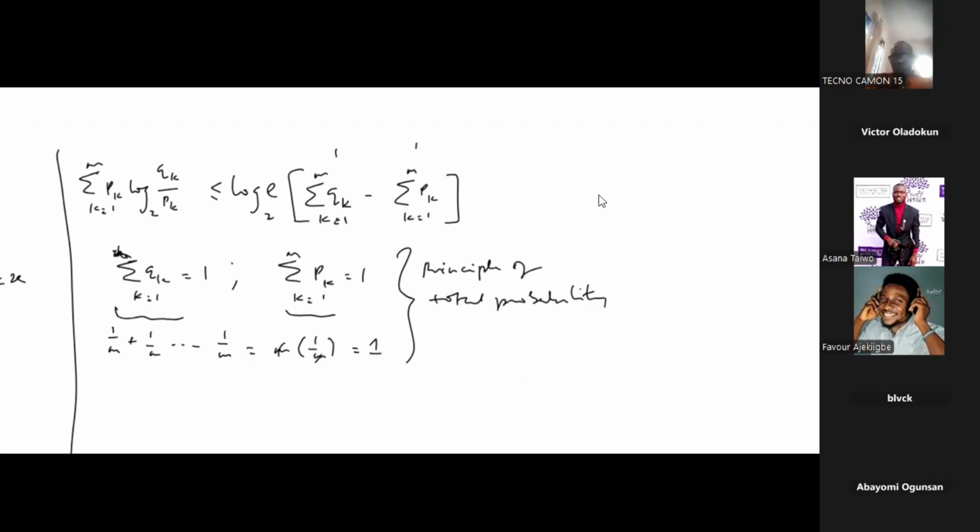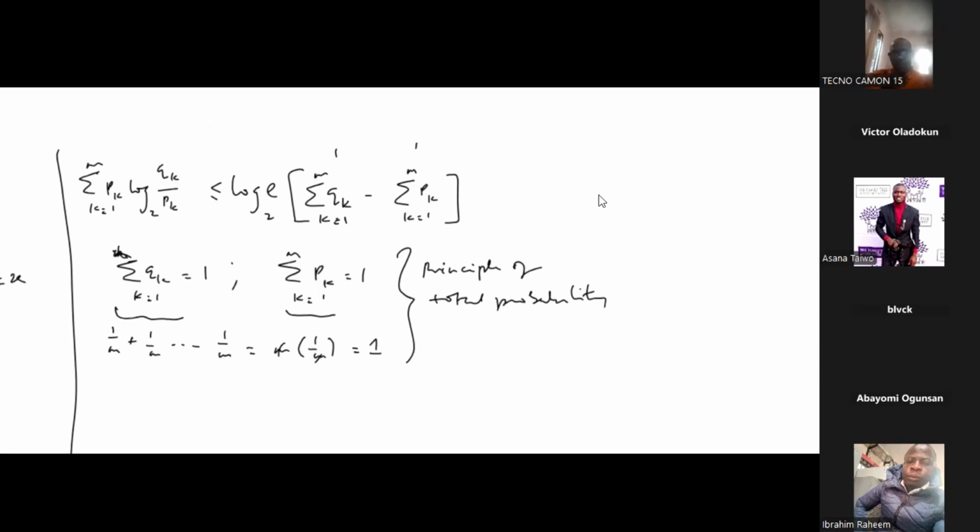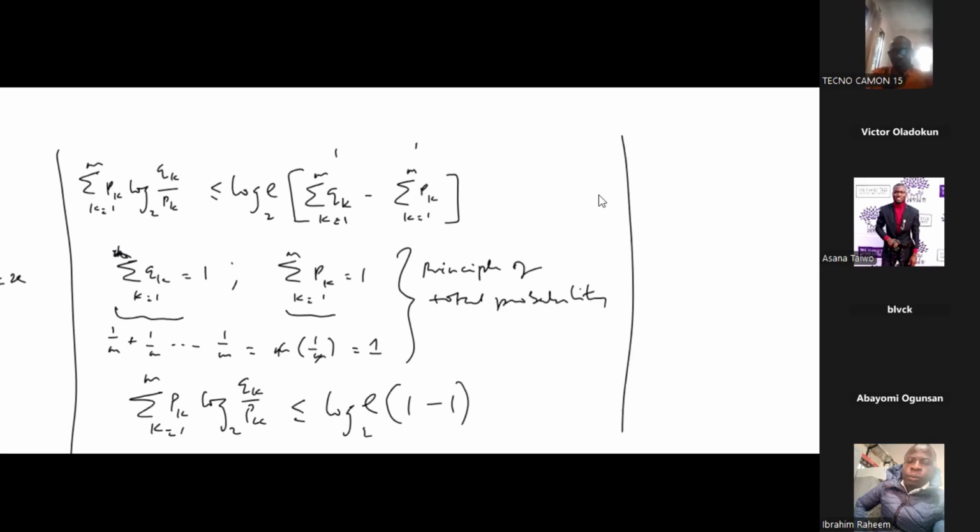True. So it means that this expression will reduce to 0 because of zero. So we have sigma k equal to 1 to m p sub k log q sub k over p sub k base 2 is less or equal to log e base 2 into bracket 1 minus 1, which will now give us sigma p sub k, k equal to 1 to m, log q sub k over p sub k base 2, less or equal to log e base 2 into bracket 0.